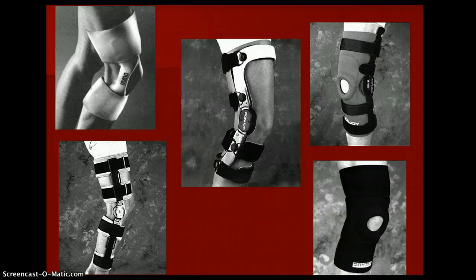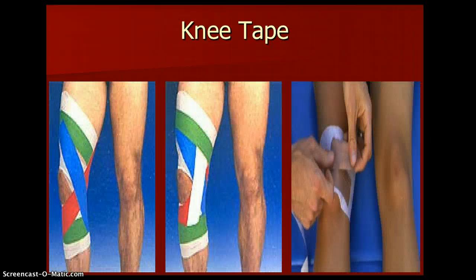You have to make a choice whether this is something that the athlete's going to wear for the rest of their career, or if it's only for a period of time, and how are you going to take them off of the use of the brace. There's also knee taping. Here's some examples of that. And again, you have to decide whether or not you're going to use this for a long-term or just a short-term use.